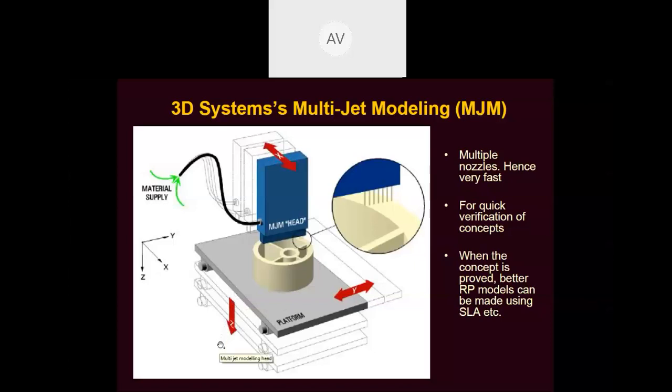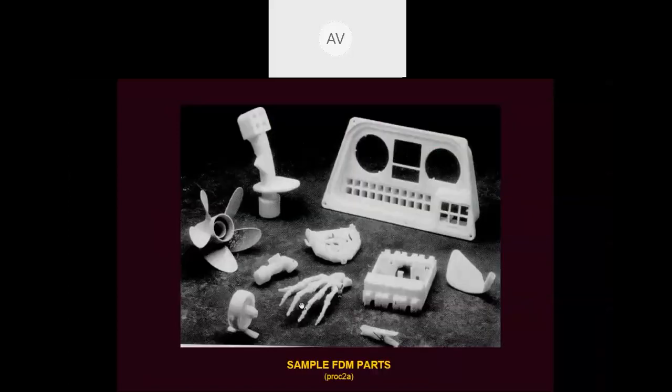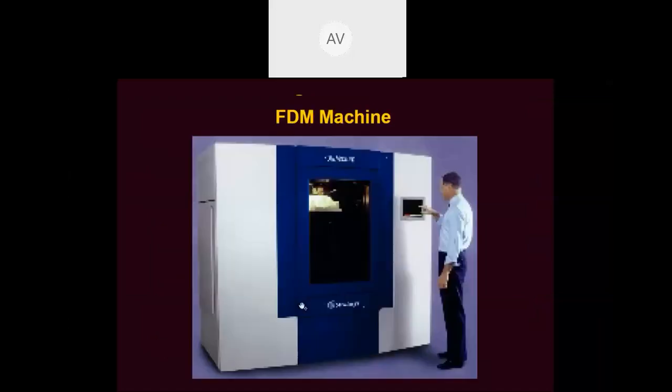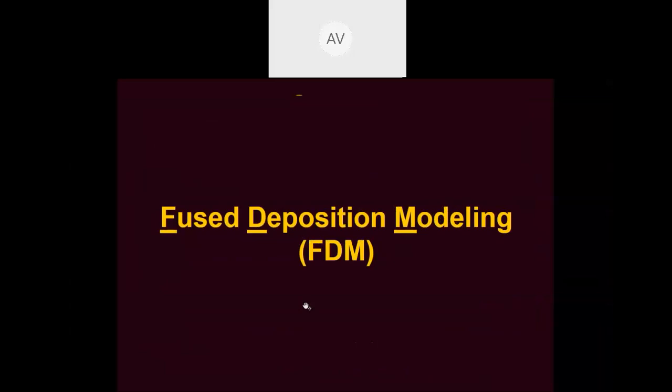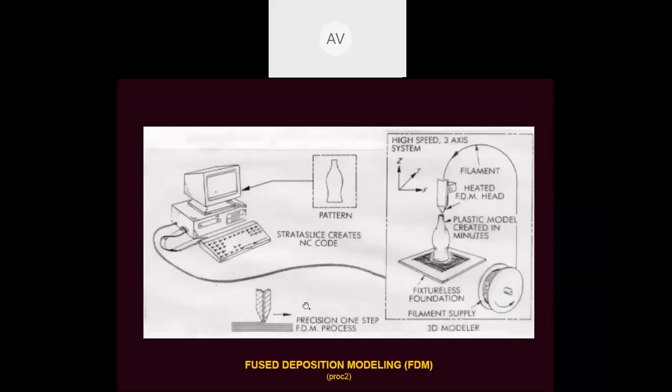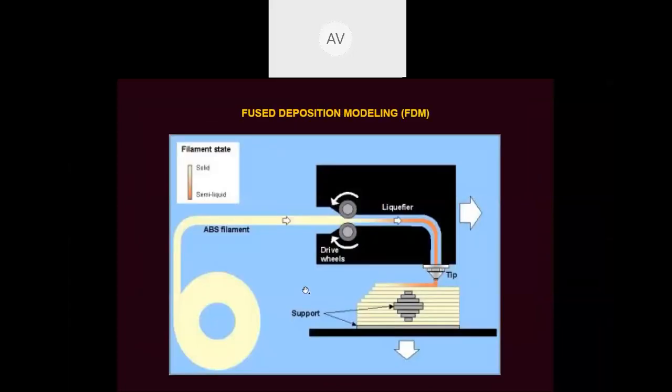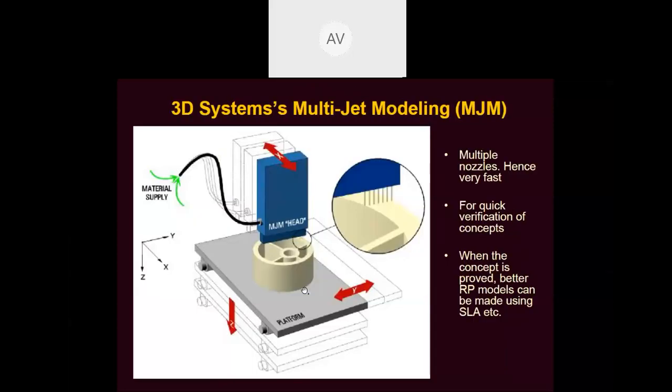So this is the latest machine in FDM only, multi-jet modeling. Here was a single jet, and this is a basic diagram. And this is multi-jet modeling.